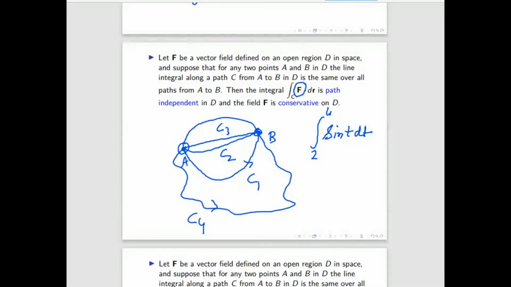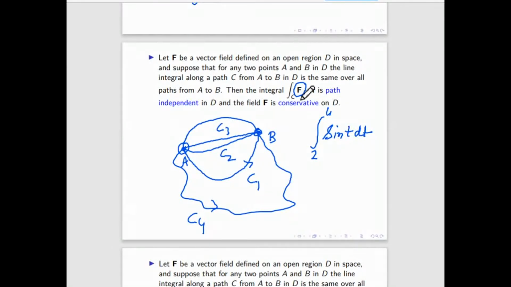If the starting and final points are the same, that means the integration value will automatically be 0. That will happen only if the field is conservative. That is the definition of a conservative field. If the field is conservative, the line integral will not depend on the path. That means it is path independent.